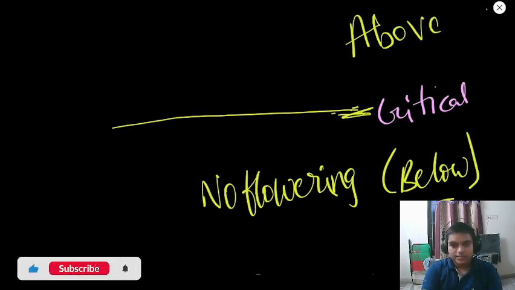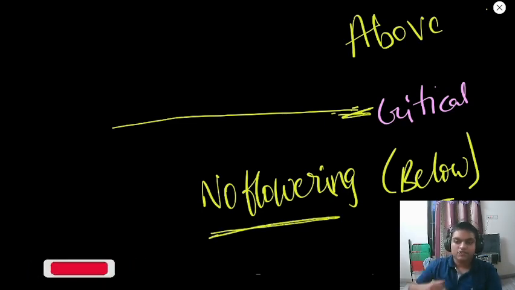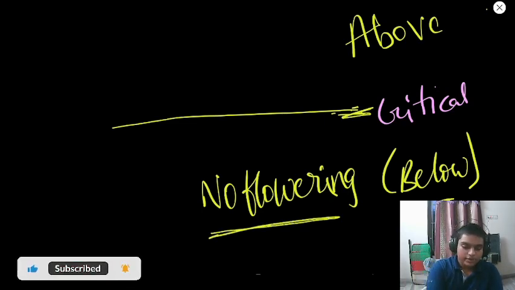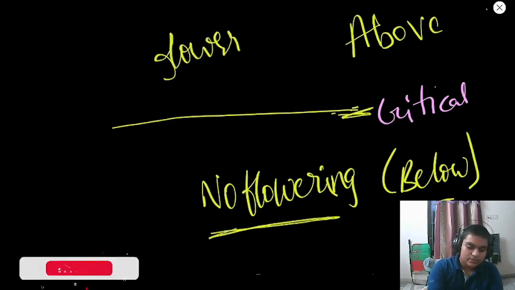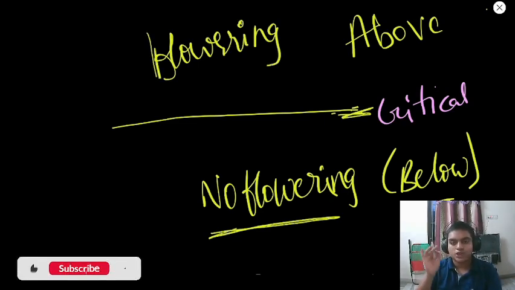Now the plants which are non-flowering below the critical period, if they come to flower above the critical period, those plants are termed long day plants. Got it clear?